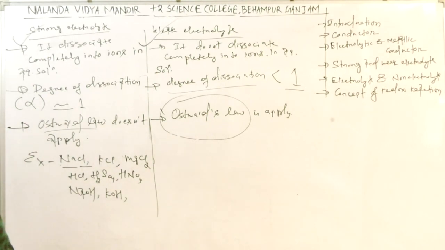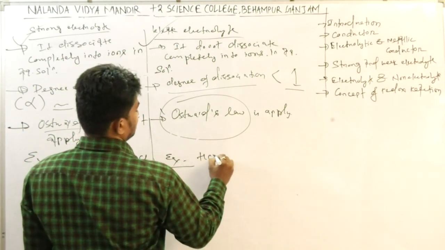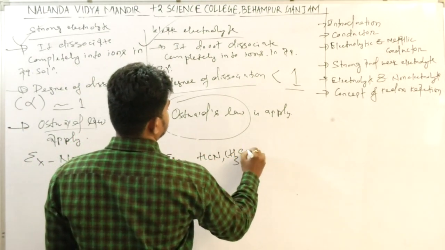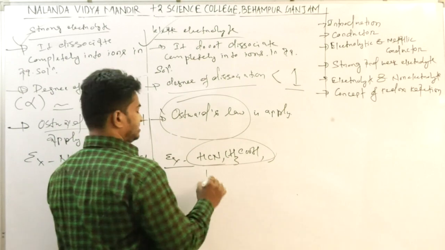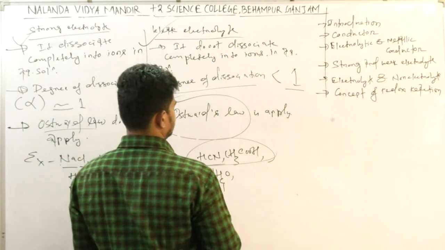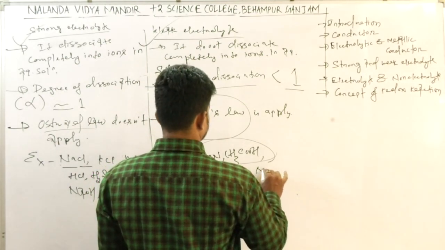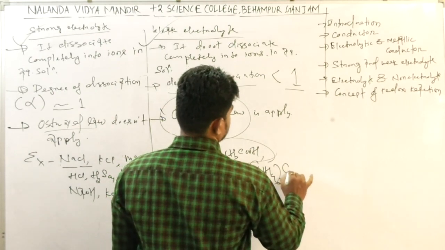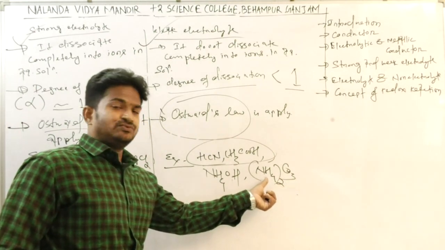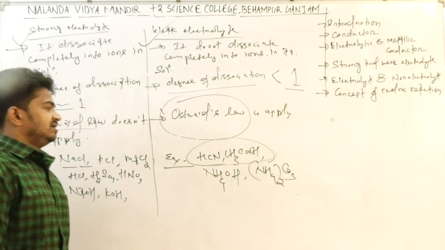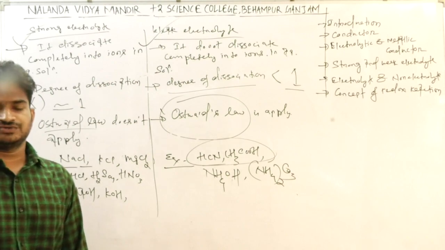Examples of weak electrolytes are hydrogen cyanide, CH3COOH, which are weak acids, and the weak base ammonium hydroxide, NH4OH, and ammonium carbonate, a salt which came from a weak base and weak acid. So these are a few examples of strong and weak electrolytes.